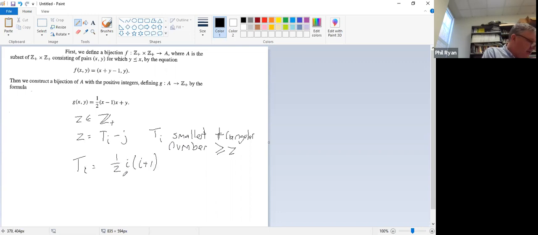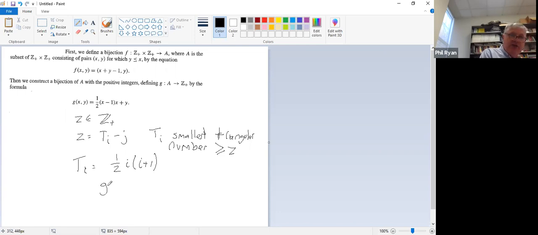That's the ith triangular number. Notice this triangular number must exist and be unique, because that formula, half x minus 1 times x, is monotonically increasing.